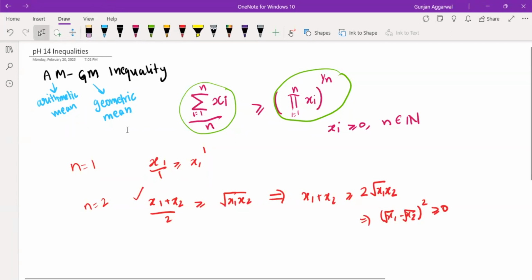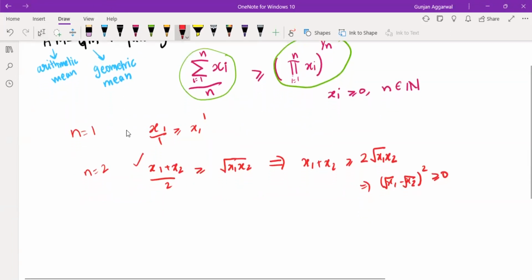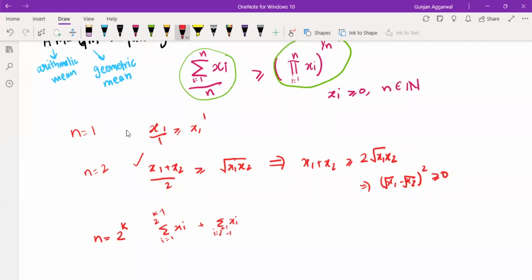So basically, we can induct this way and prove it for all n as powers of 2. Basically, take the summation of xi from 1 to 2 raised to k minus 1, and the summation of xi from 2 raised to k minus 1 plus 1 till 2 raised to k.